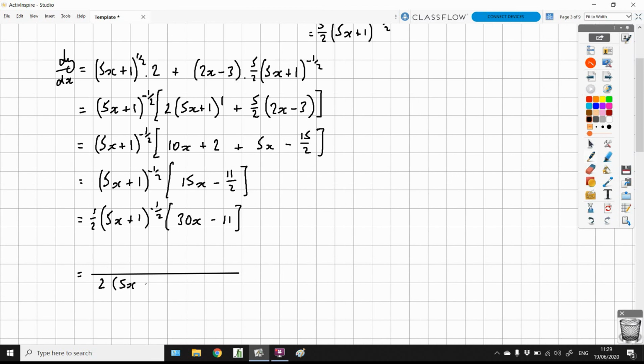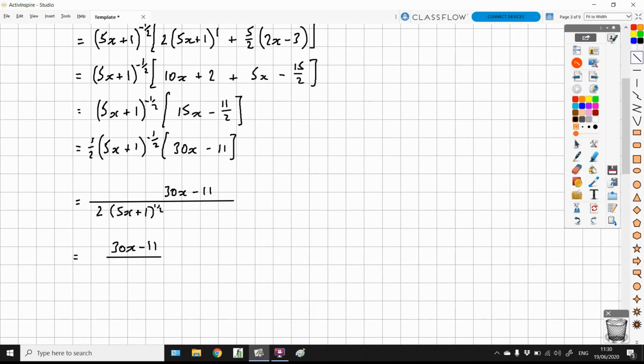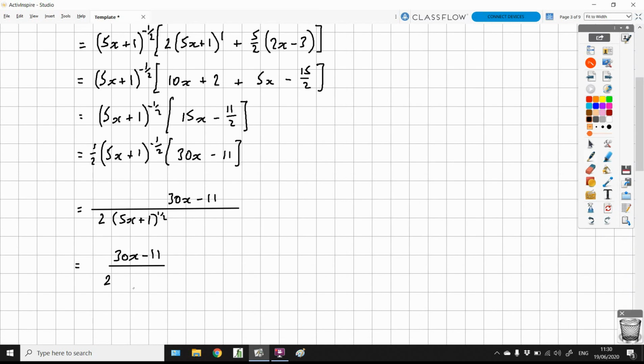The 5x plus 1 to the negative a half can be treated like that with a positive half. And that 30x minus 11 can sit up there, technically inside a bracket, but it's the only thing in the numerator, so I'll not bother writing the bracket. So what we have is 30x minus 11 all over 2 root 5x plus 1. There we go.